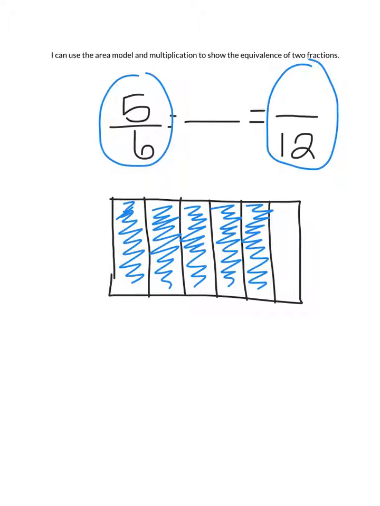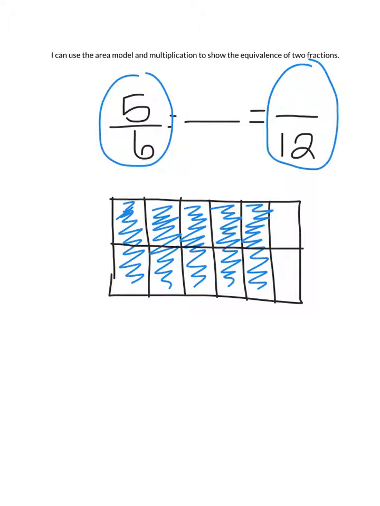When I think about the relationship between 6 and 12, I know that 12 is the double of 6. So down in my area model, I know that if I draw a line through the middle, I've doubled the number of sections. So where we had 6 altogether, now we have 12.